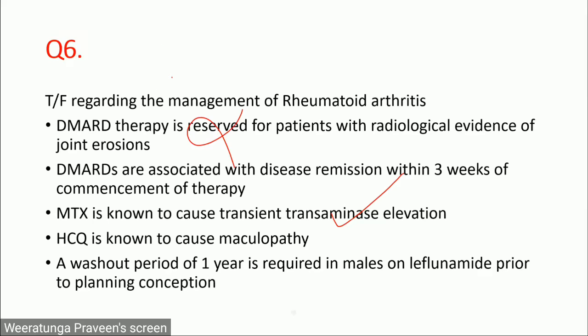The statement that DMARDs are associated with disease remission within 3 weeks is wrong. They take at least 4 weeks to start working, so you'll never get remission within 3 weeks. More realistic is about 3 months. So disease remission, 3 months. You watch up to about 6 months.